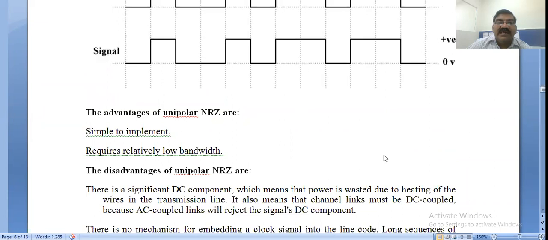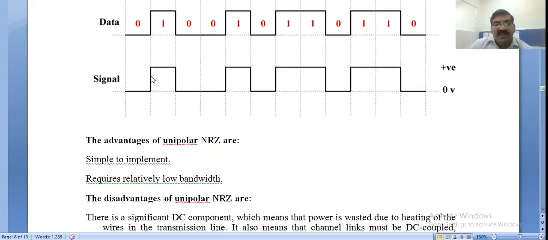So here we require DC coupling. And if there is a train of 1s, then it is continuously high voltage, continuously positive DC.